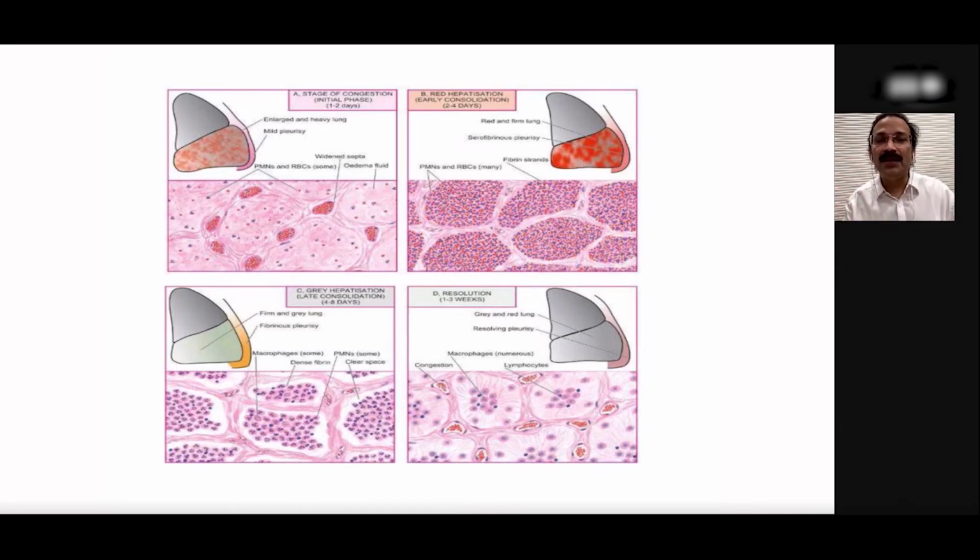But you imagine a patient who has got the disease today, say 23rd of July, and he actually neglects himself, takes wrong treatment, doesn't take the medicines properly, and starts the correct treatment after almost 3 or 4 weeks. So what is happening? The gap between onset of disease and onset of the correct treatment is much wider. The wider this time, the more chances that the person will develop fibrosis or gray hepatization.